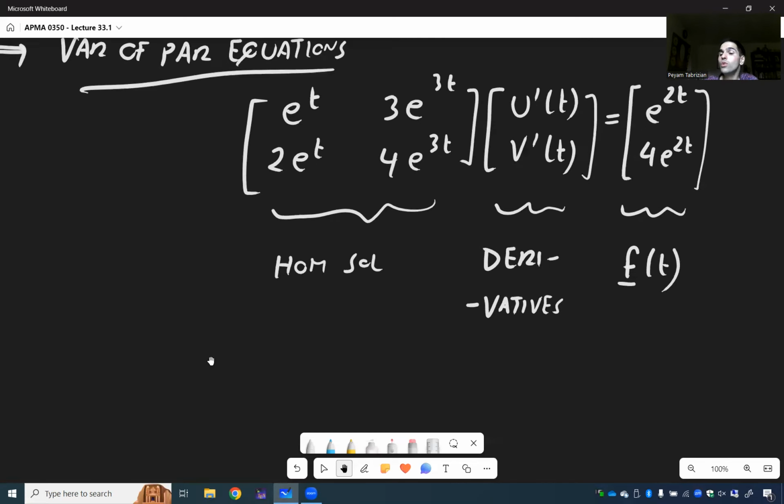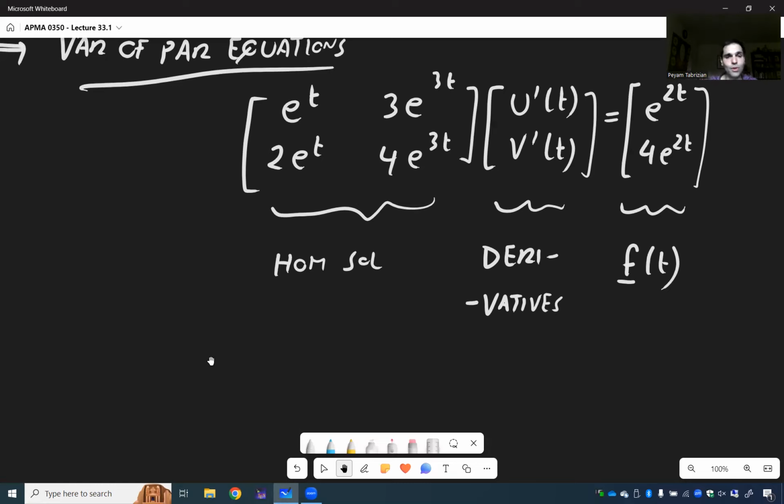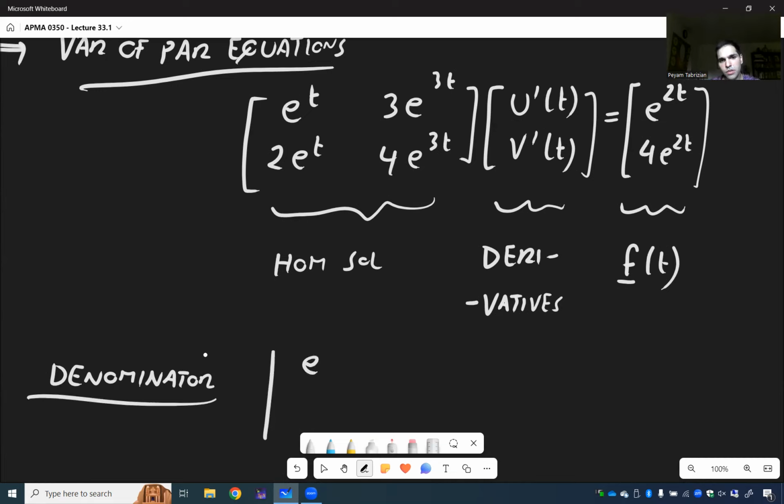And now we want to do Cramer's rule, and all this fun stuff. So remember Cramer's rule, we had to divide by the determinant. So let's do that first. So let's do the denominator. So let's do the determinant of [e^t, 3e^(3t); 2e^t, 4e^(3t)].